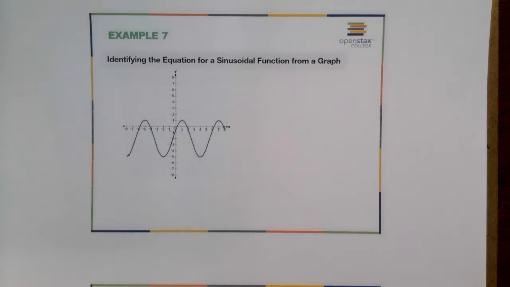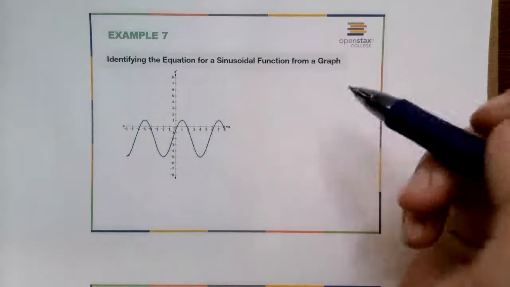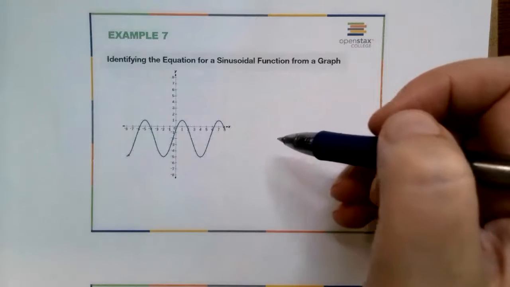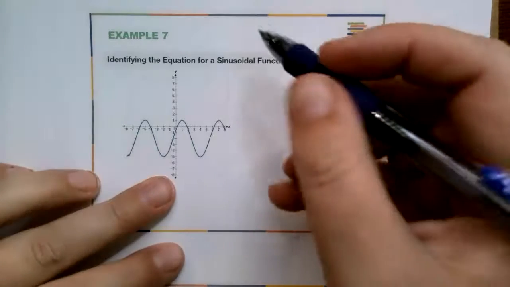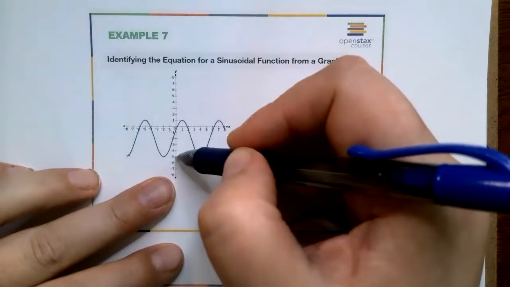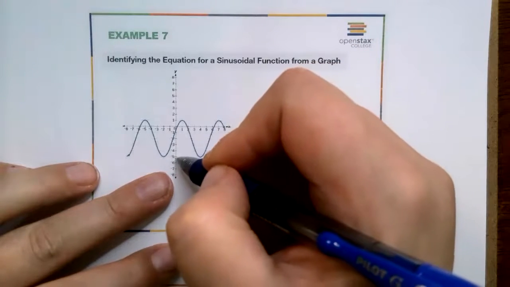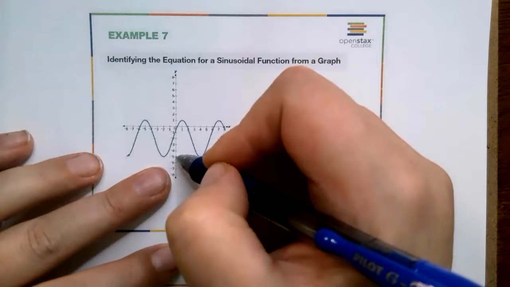This is our next example, identifying the equation again from the graph. Okay, so I will start with identifying my midline again, or the amplitude, so let's start with the amplitude.